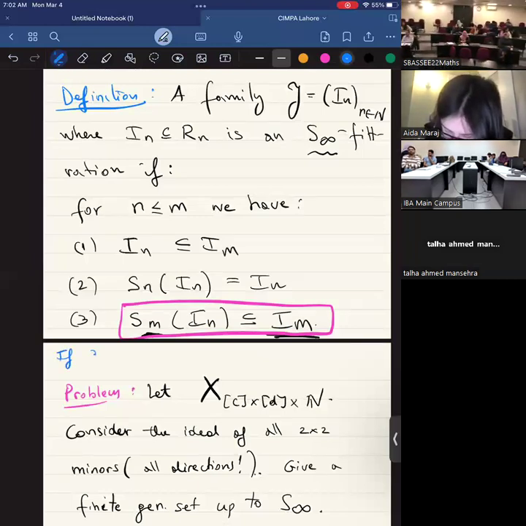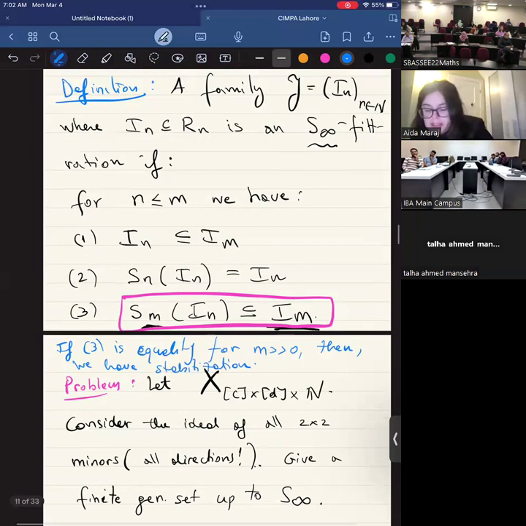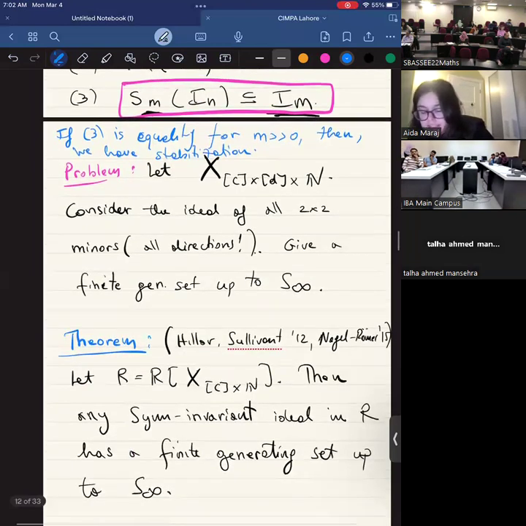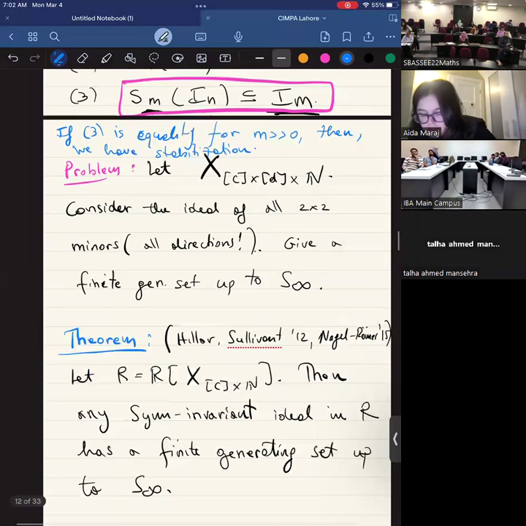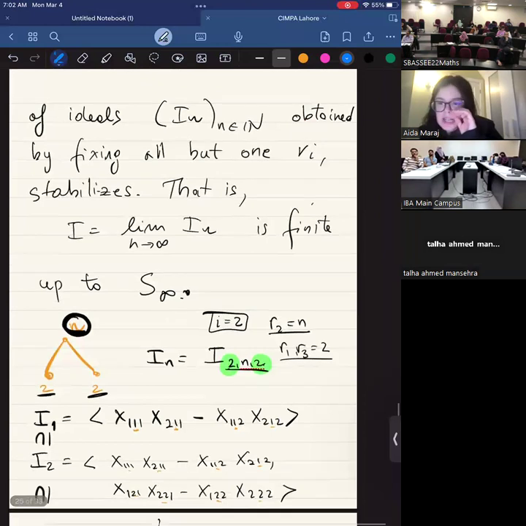So if there is equality for n large enough, then we have stabilization. This sentence is equivalent to saying that the big ideal, the colimit, is finitely generated up to symmetry.